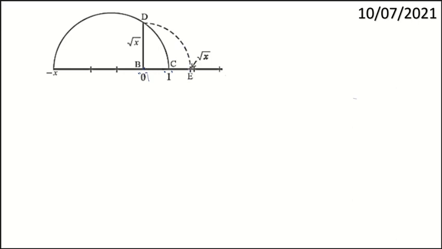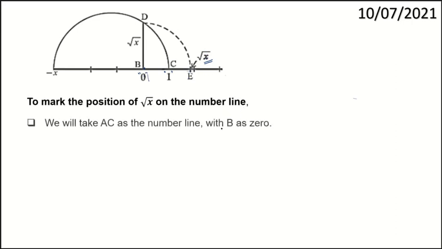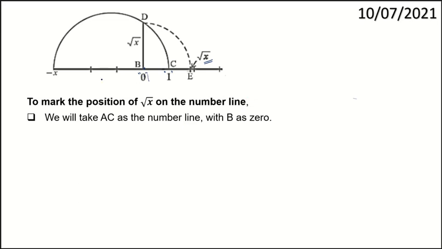This BE distance is root x units, thus point E represents the number root x. So to mark the position of root x on the number line, we will take AC as the number line.